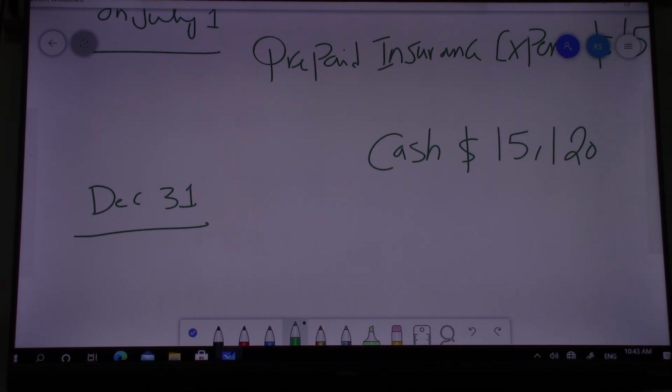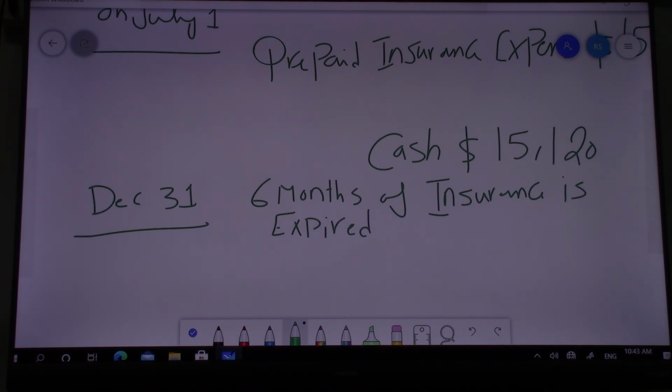We have July, August, September, October, November, December. So on December 31st, 6 months of insurance are expired. So now we can record these 6 months as an insurance expense.